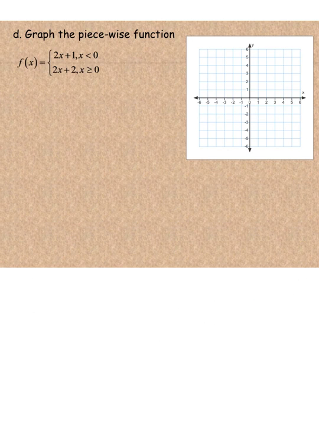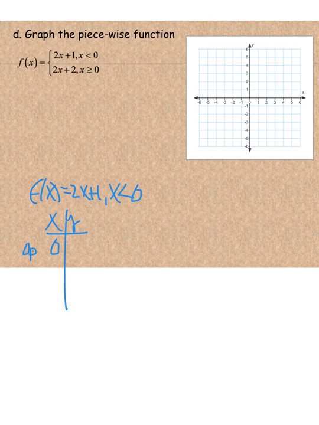Here we want to graph this piecewise function. F of x equals 2x plus 1, where x is less than 0. We'll start with 0. Again, open point. Values less than that, -1, -2.